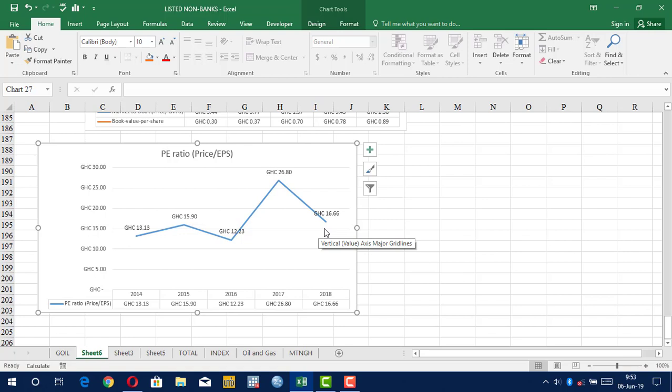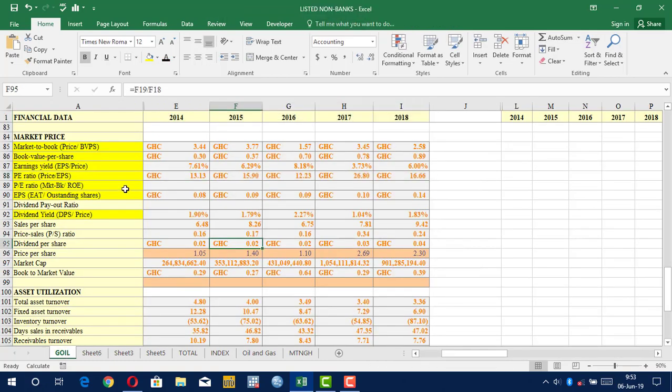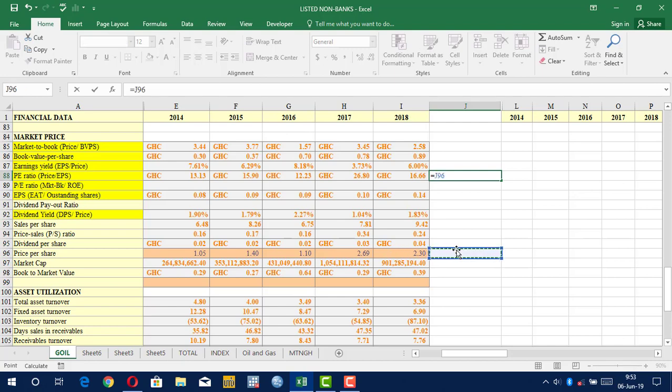Now, one would want to find out what's the current, that is as at now, 2019, half year in June. What is its current PE ratio? So we can easily do that calculation here. So the PE ratio, we need the price, that's the current market price, which is trading at 2 cedis, 30 pesos, divided by the earnings per share.